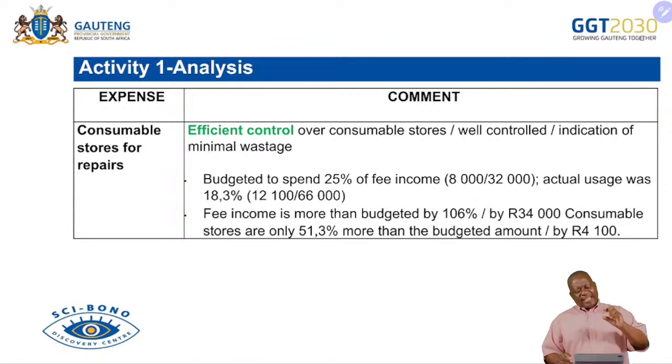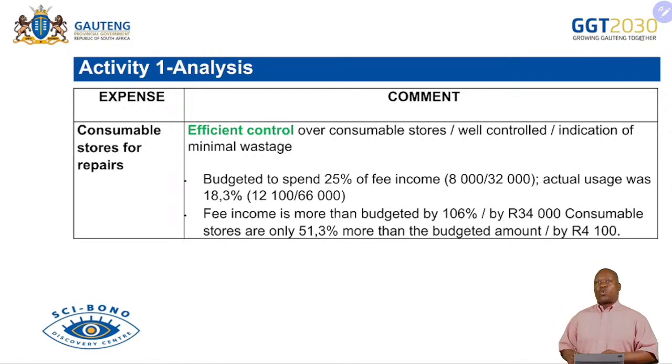Now, please take note, when it comes to consumable stores, there was an increase, of course, in consumable stores from 8,000 to 14,100, but that was not as the increase in the income that we are deriving from that. So we can safely say there is efficient control over consumable stores.